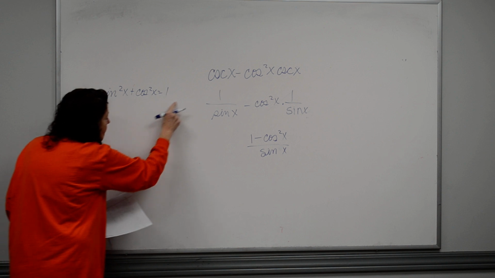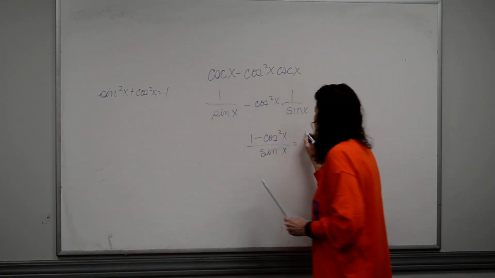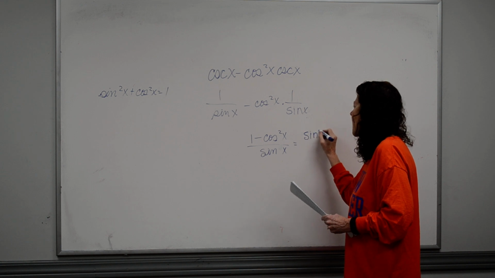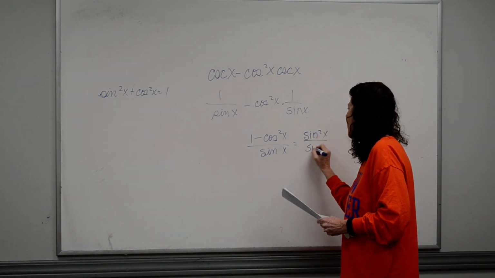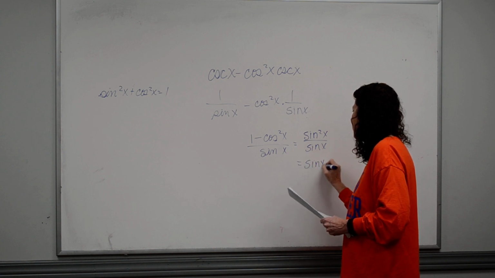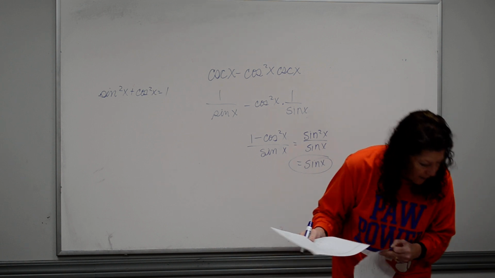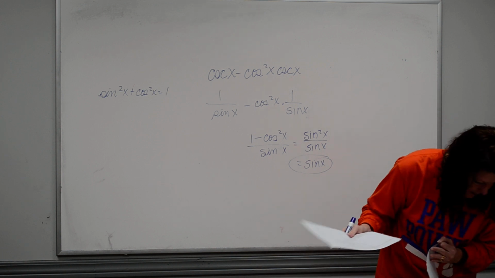So 1 minus the cosine squared x is equal to the sine squared x. So this is equal to sine squared x over sine of x, which is equal to the sine of x. Okay, so that's number 15. Now that is the entire first section.